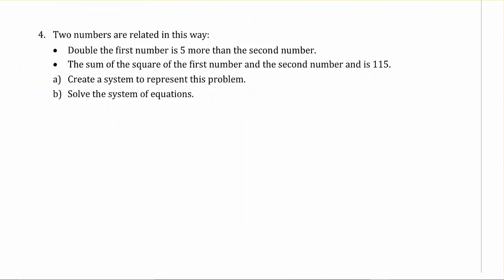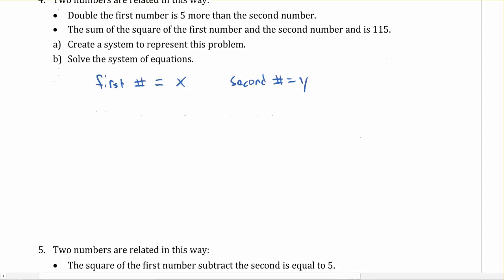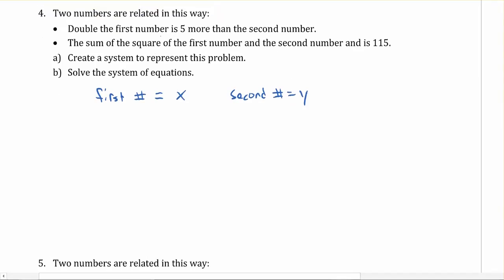It says two numbers are related in this way. Double the first number. So I'm just going to say first number is equal to x, second number is equal to y, just so we keep it like we're used to. So double the first number is 5 more than the second number. So I'm going to say double the first number, so 2 times the first number, and that's going to be 5 more than the second number.